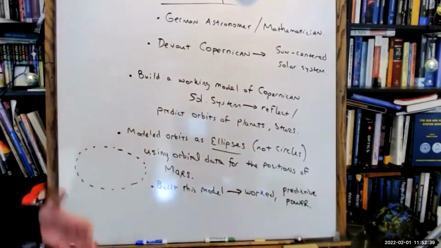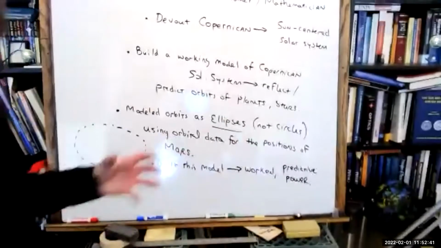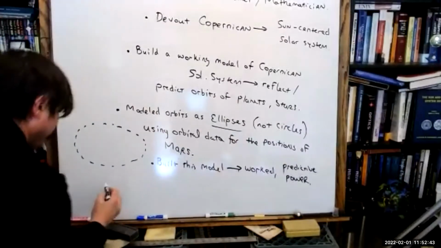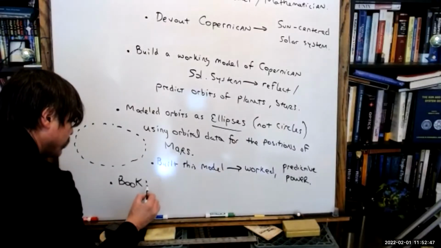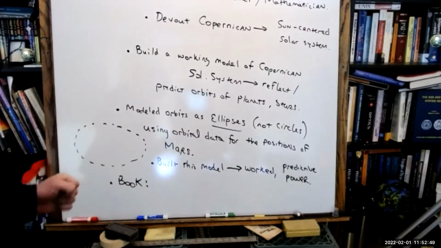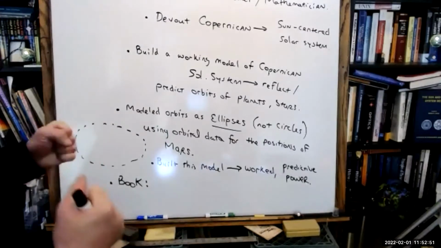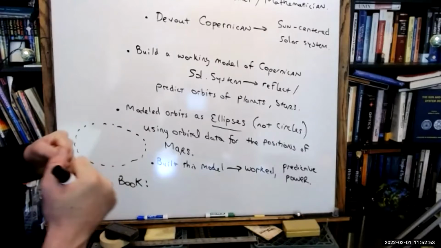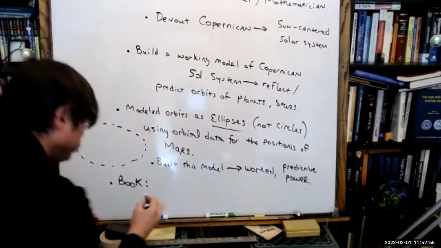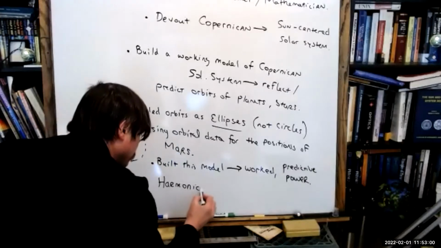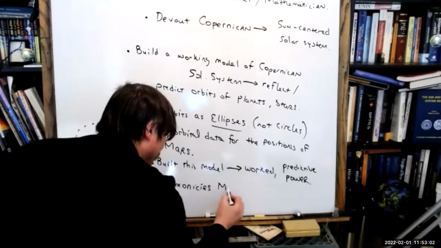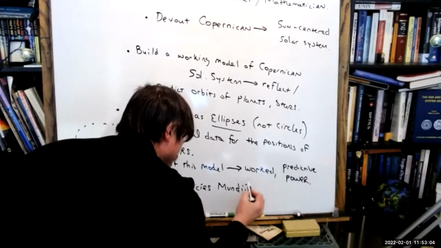And from here, he went on to develop a set of laws for planetary orbits. He wrote several books, but one of his important ones, the watershed one, was Harmonices Mundi, on the harmony of the spheres. I think this is how you spell it in Latin.